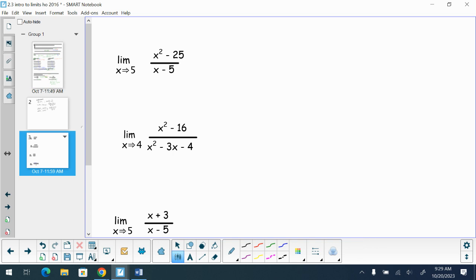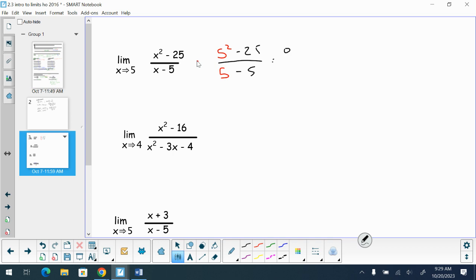Well, if I plug it in, we have 5 squared minus 25 over 5 minus 5. So we have 25 minus 25 over 5 minus 5.